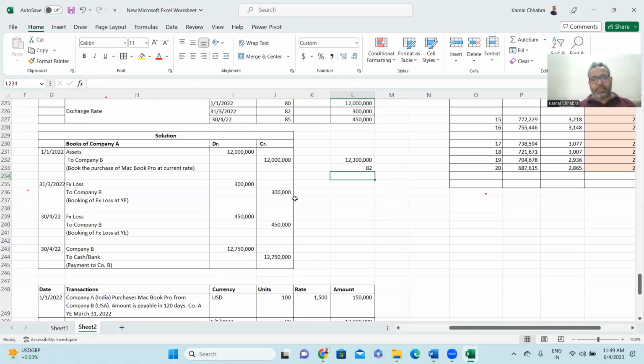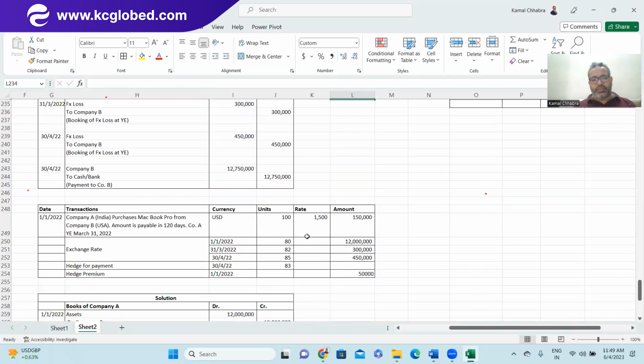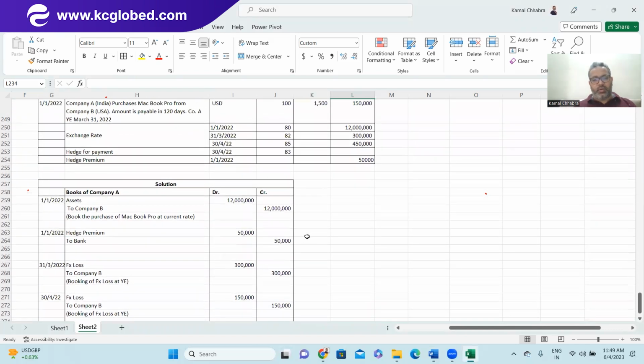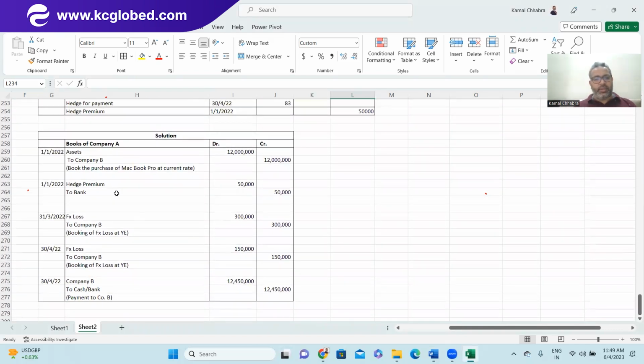So next example, when we do the hedging, how to do the treatment of the hedging. First, this hedge premium will go to expenses. And then lastly, the total payment would be this much. It cannot go beyond this. Any exchange gain or loss will go to the income statement, and any hedging gain or loss will also go to the income statement.